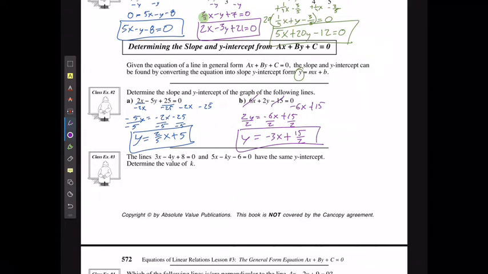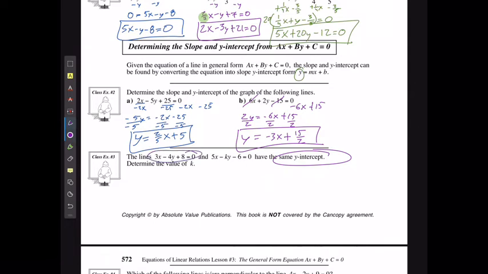For example 3, the lines 3x minus 4y plus 8 is equal to 0, and 5x minus ky minus 6 have the same y-intercept. Determine the value of k. Well, all I'm going to state in this case is I need to figure out where the y-intercept would come from.